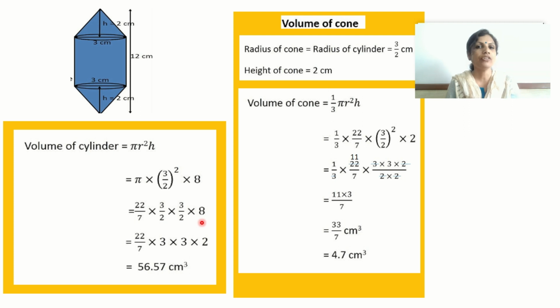Check which terms you can cancel. You can cancel 2 and 22, since 2 elevens are 22. What we are left with is 11 into 3 into 8 upon 7. If you multiply the numerator and divide by 7, you will get the answer as 56.57 centimeter cube, which is the volume of the cylinder.